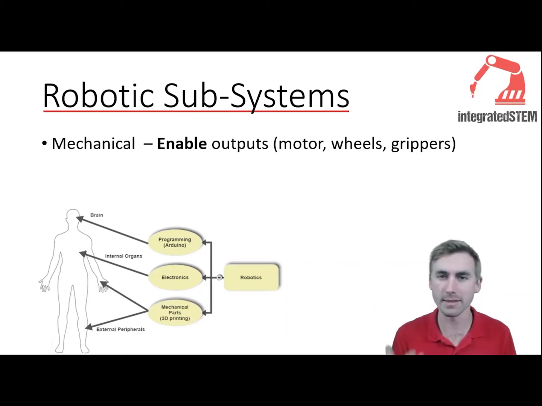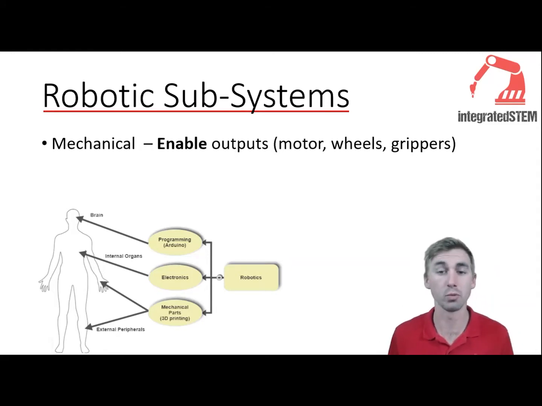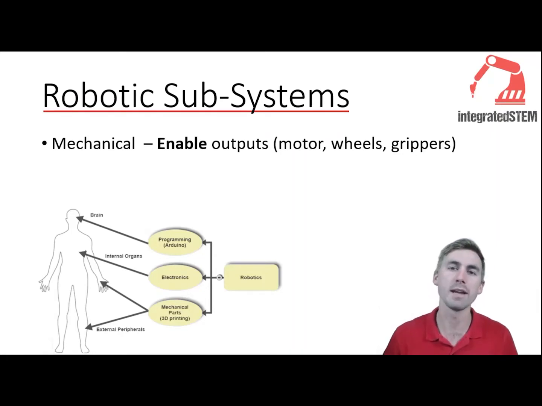How I like to describe that is that enabling outputs is the mechanical system's task. If you want to move somewhere, you would need legs or wheels if you're a robot. If you want to pick things up, you'd need hands or grippers. So that is one way you can think about one system of a robot.